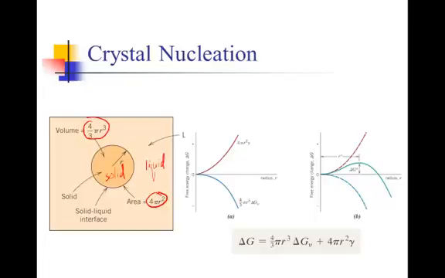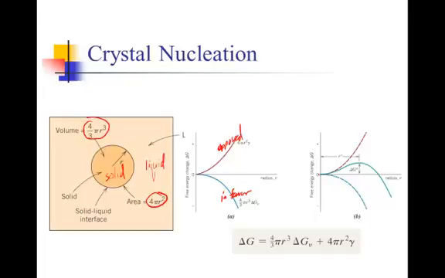So plotted here in red is the surface energy, which is opposed to the crystallization, and plotted in blue is the volumetric energy recovered, which is in favor of the liquid crystallizing. And when those get added together, whether they sum to zero or not tells whether or not that nucleus is going to form and be stable.